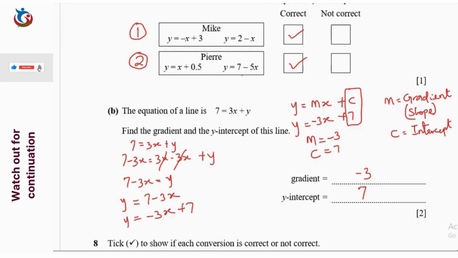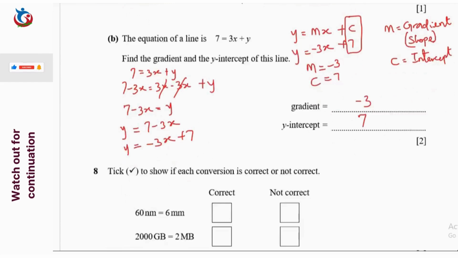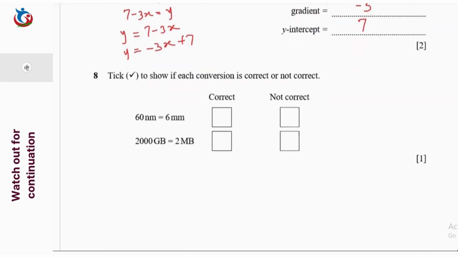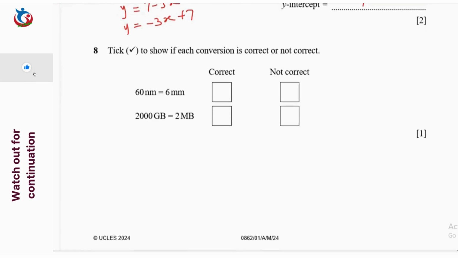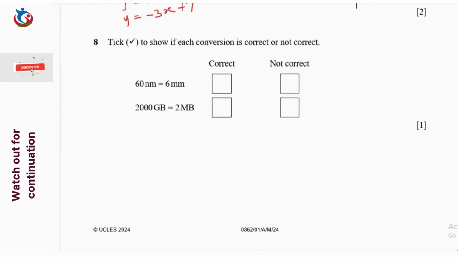So we now move straight to question 8. Question 8 says, tick to show if each conversion is correct or not. 60 nanometer is equal to 6 millimeter.